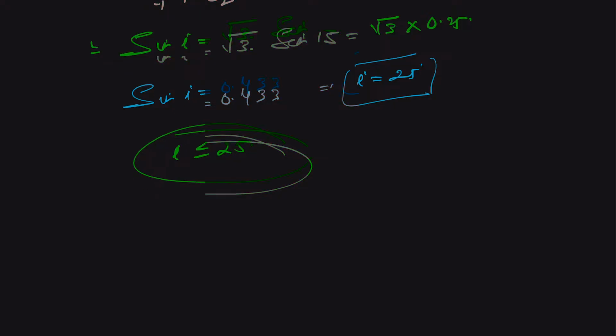Next question. Next is given as: find the truth table of the given circuit. So let me draw the circuit.